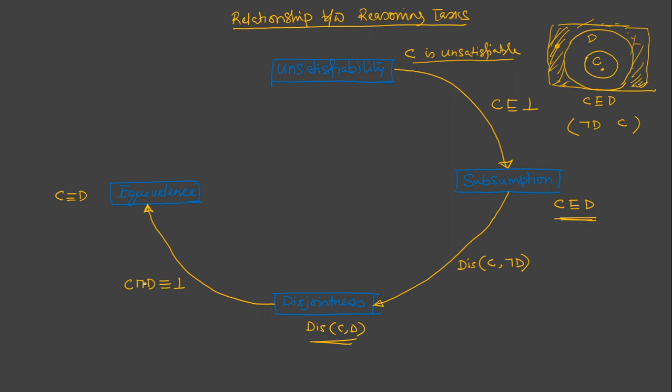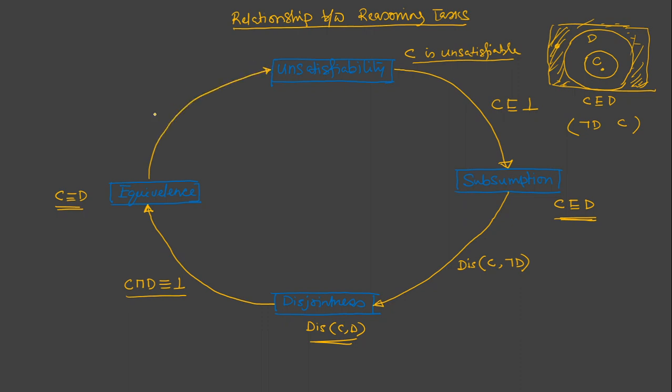And by that, we are translating a disjointness problem into an equivalence problem. Now, how do we translate an equivalence problem to an unsatisfiability problem? This is what we are trying to explore.